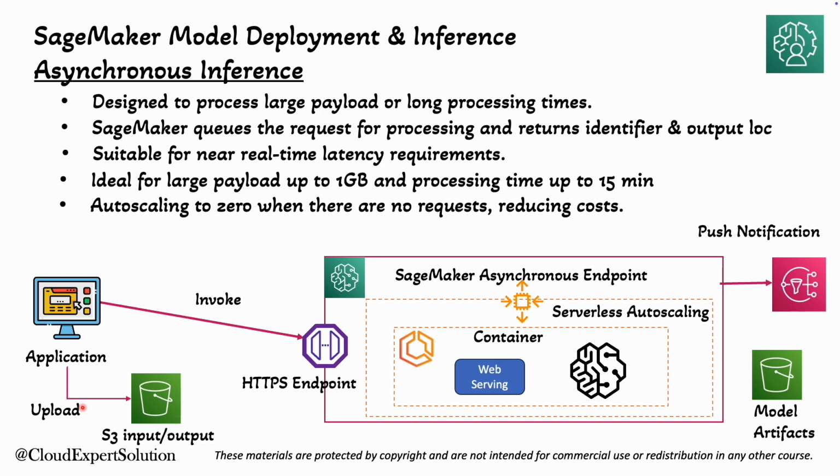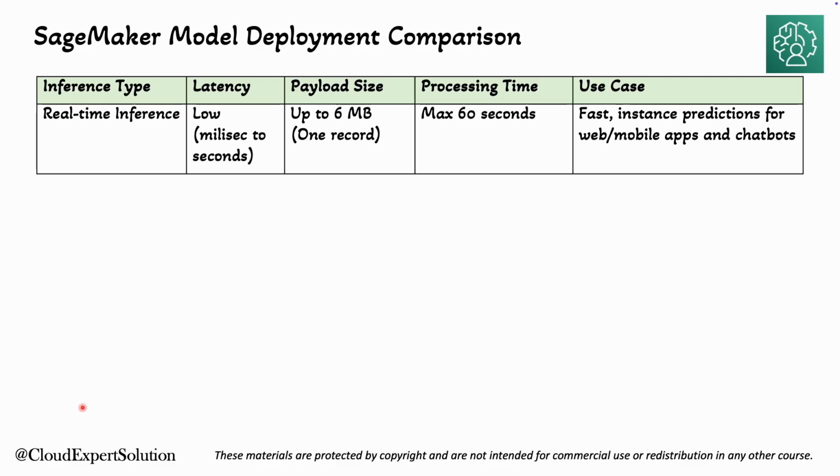Let's compare these options side by side to clear up any doubts you may have. In this grid, we are going to review all the inferencing types based on the latency requirement, payload size, processing time, and the use case. If you can remember this grid, then you can answer any questions related to model deployment option selection.